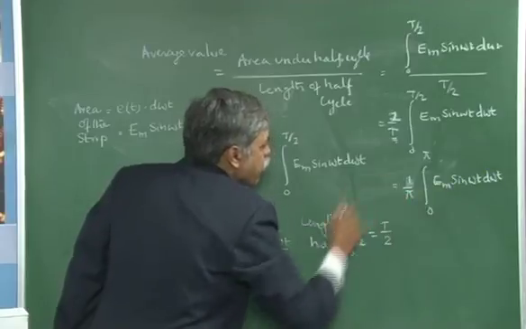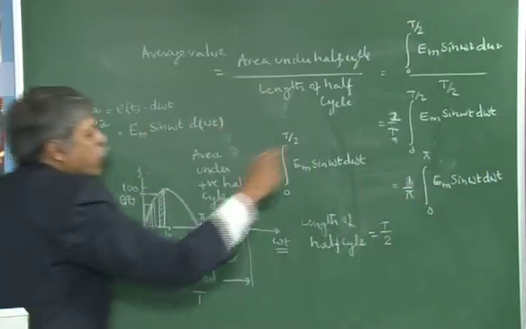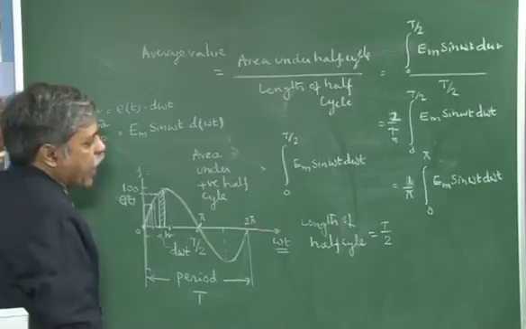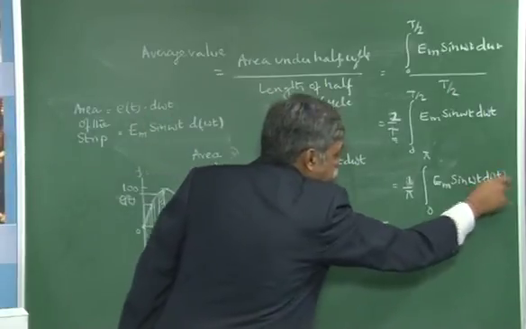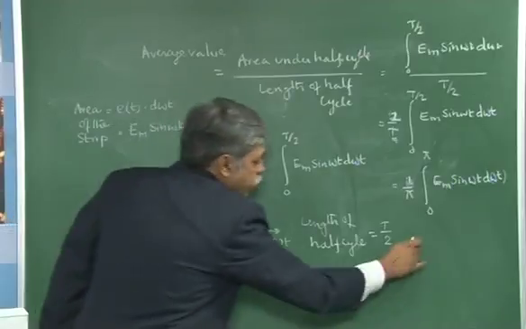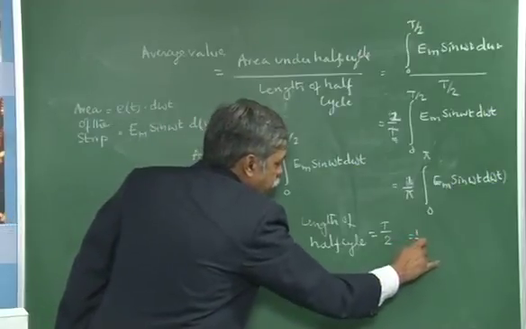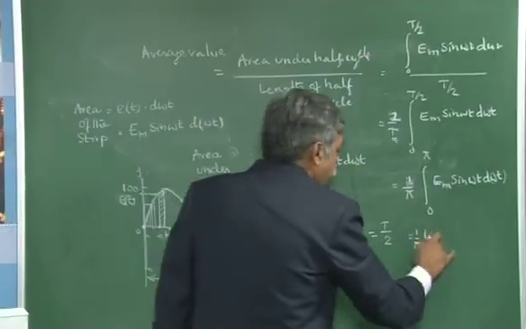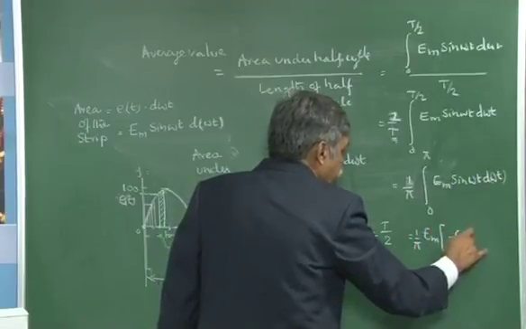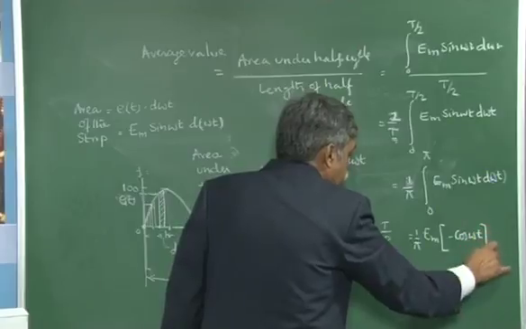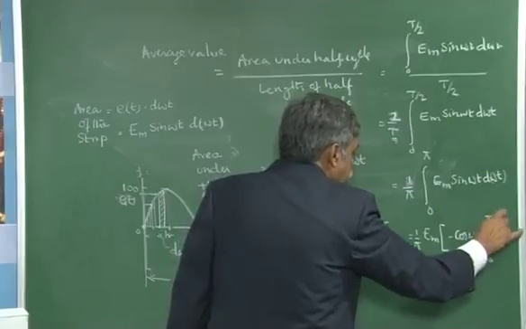Now this is more beneficial for us because I can integrate sin omega t with respect to d omega t. Therefore, I write 1/pi Em, and the integral of sin omega t gives minus cos omega t, from 0 to pi.